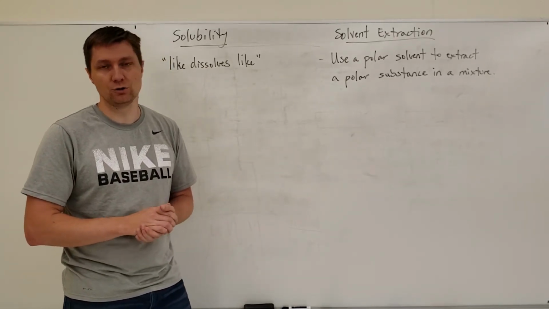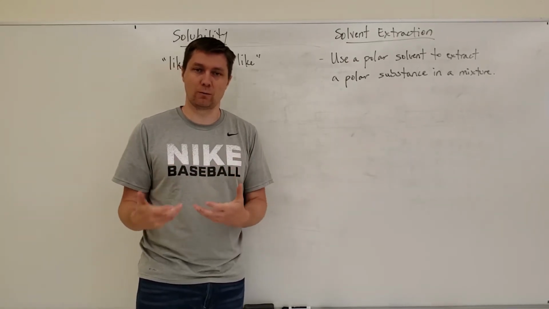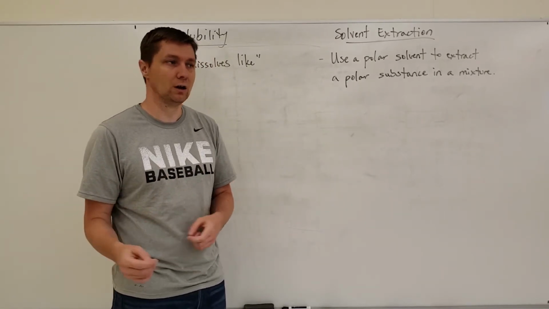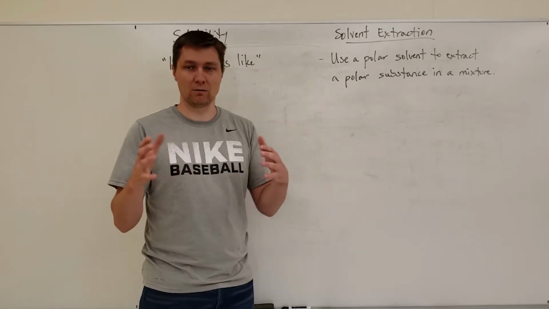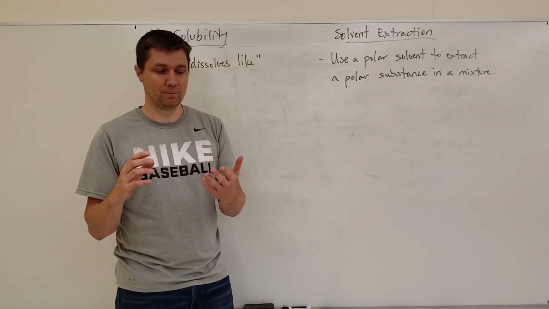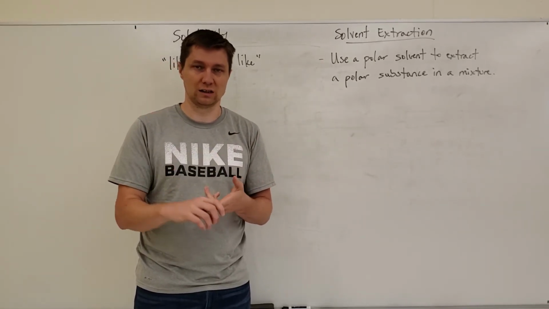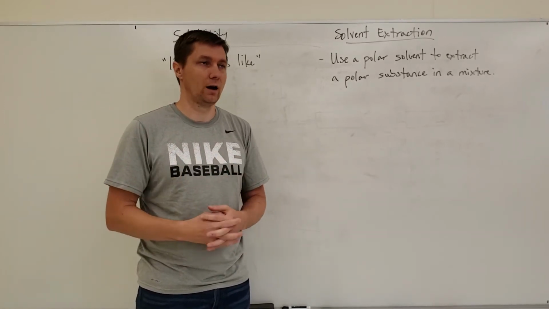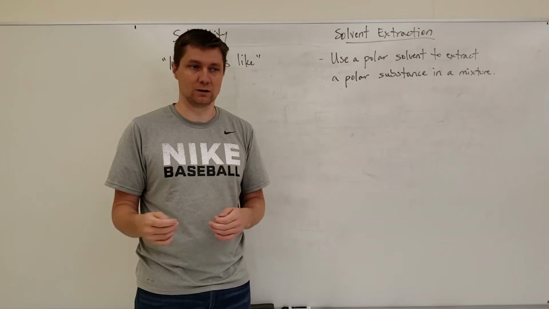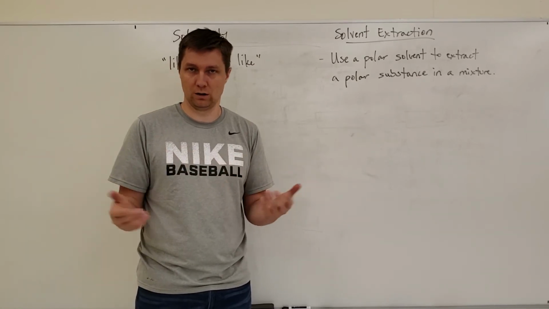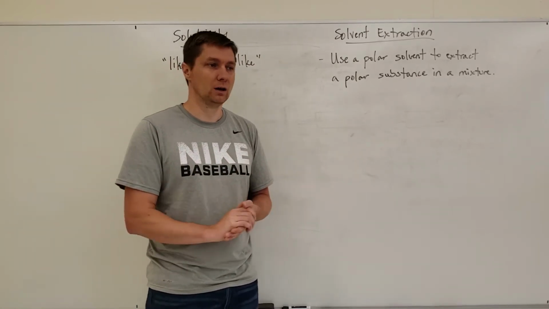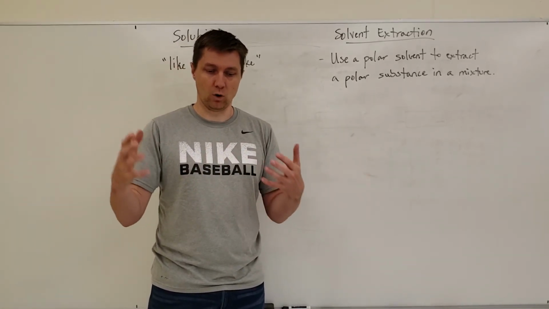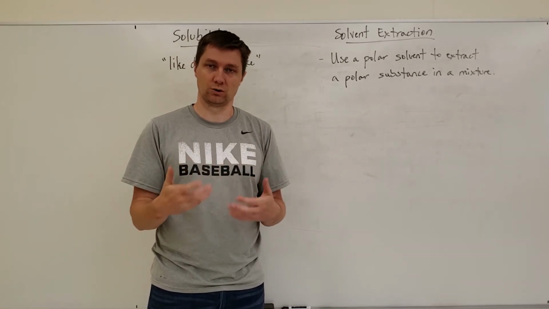What we can also do to separate substances from one another is we can use something called solvent extraction. And so what I'll do is, if I've got a mixture that's got substances that are polar, slightly polar, and nonpolar mixed together, and I can't really separate them very easily, what I can do that solves that problem, if I want to pull out the substance that's polar, is wash that mixture with a polar solvent.